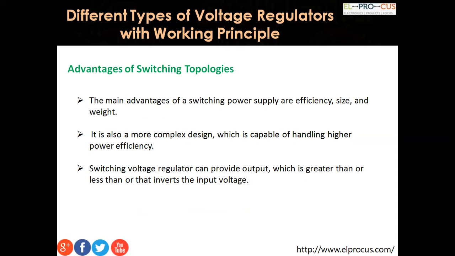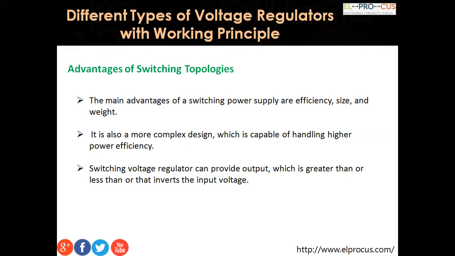So if you see, there are some advantages and disadvantages of the switching voltage regulator. As we are using a switch here, it works rapidly as compared to the linear voltage regulator. And here, instead of a transistor, diode, or voltage divider circuit, we are using only a switch to get the constant output voltage.